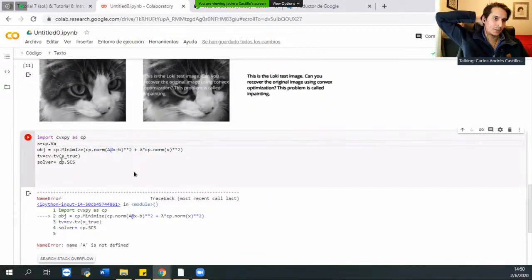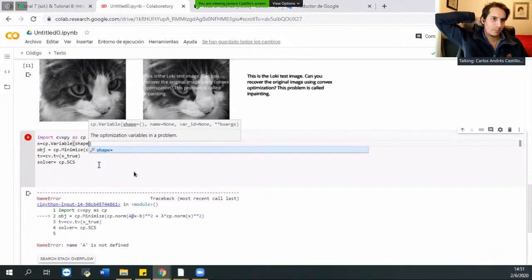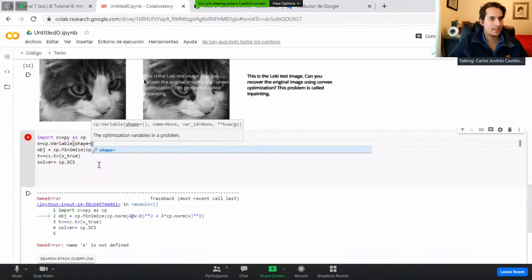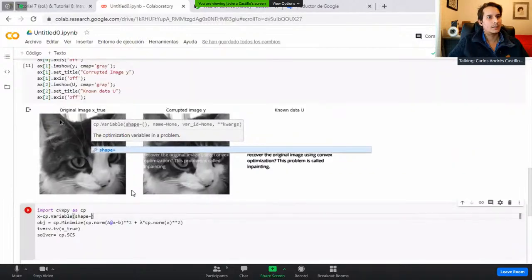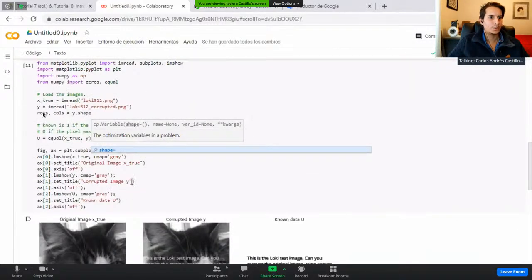And after that, you need to define the shape of that variable. So you are missing the parentheses. And inside, you need to define the shape. And the shape is, well, you already got in the previous cell the number of rows and number of columns of that variable. That is called rows and cols.